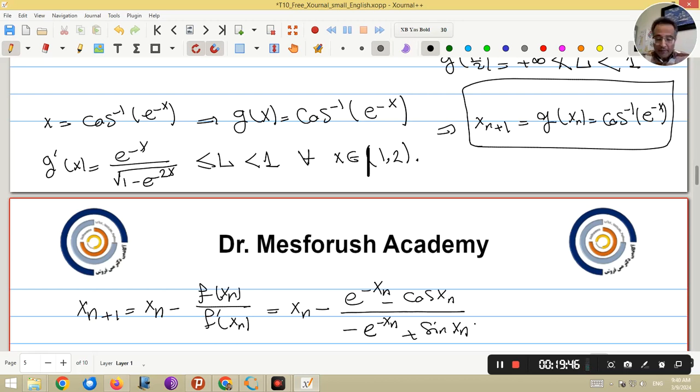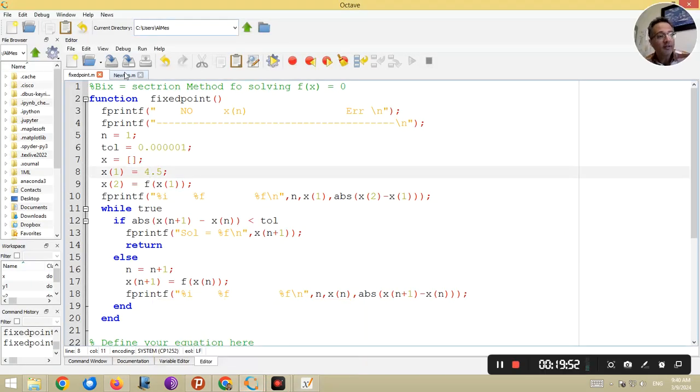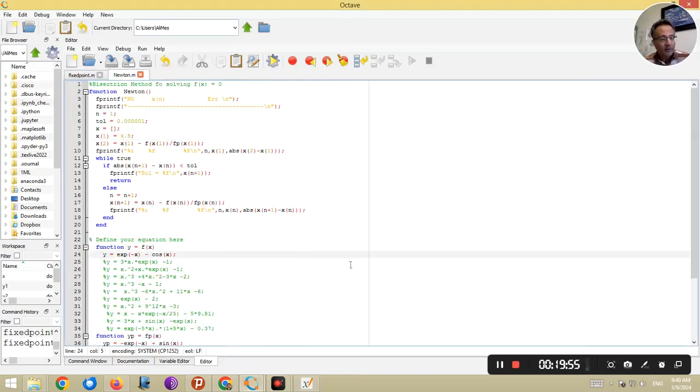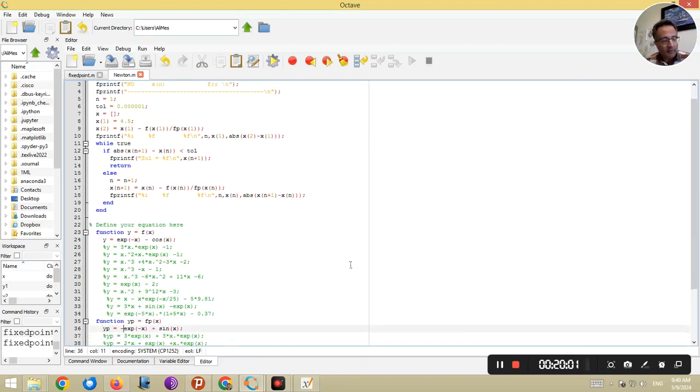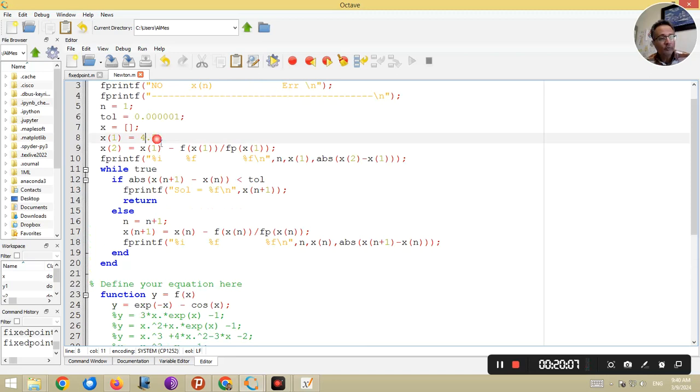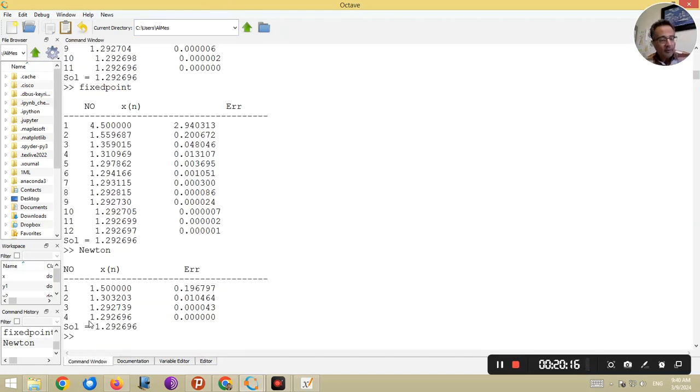Now, if I put these two functions in the MATLAB program for the Newton method, you get y something like this and yp something like this. Now let me put 1.5 as the starting point and run the program. We get exactly the same root in just 4 steps, but in fixed point, we got 12 steps.